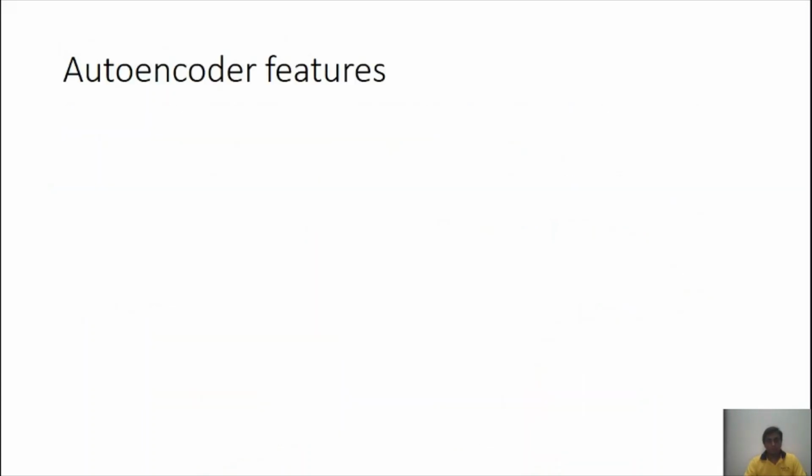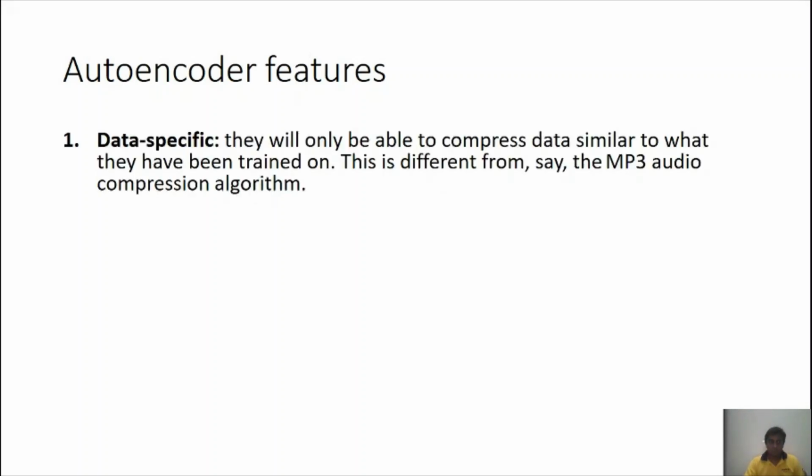Okay, so now what we are going to see is what are the features of autoencoders. The main features of autoencoders include the fact that they are not general purpose encoders. Well, that is one of the major drawbacks of autoencoders as well, mainly because autoencoders can compress data which they know about.